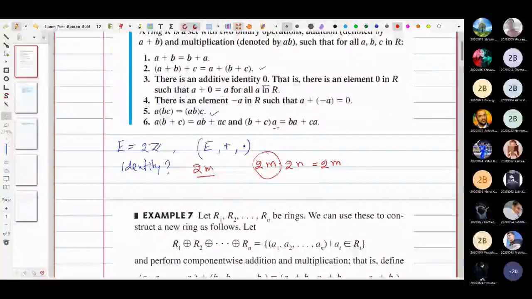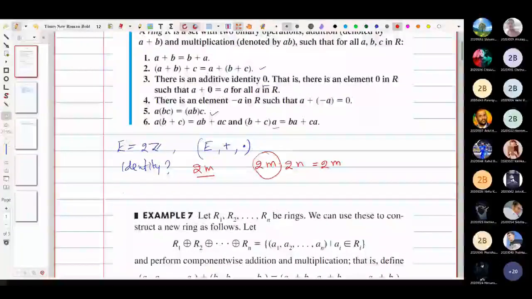And of course, in a ring, we have not talked about anything like cancellation. Okay. So there is no identity. Usually identity is going to be 1 when we are taking integers or real numbers. Okay. So if there is no identity, we cannot say anything about inverse or unit element.